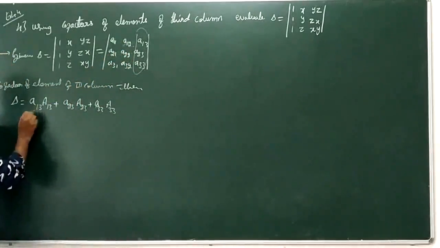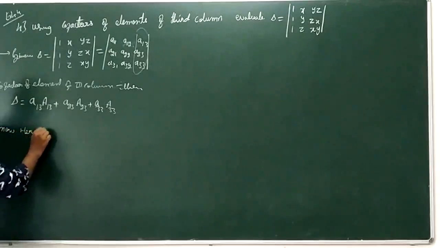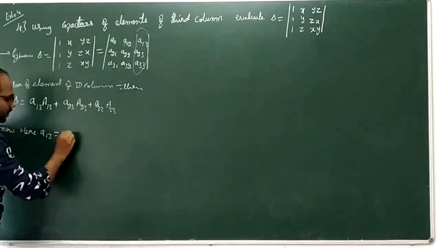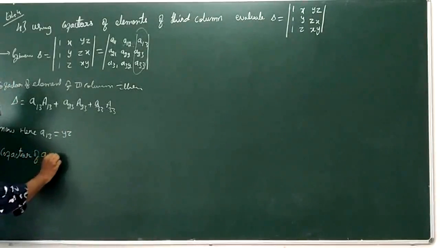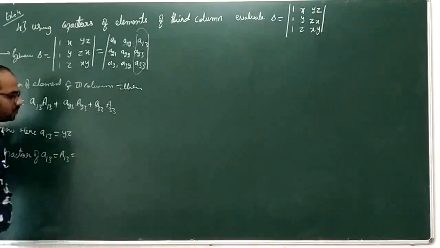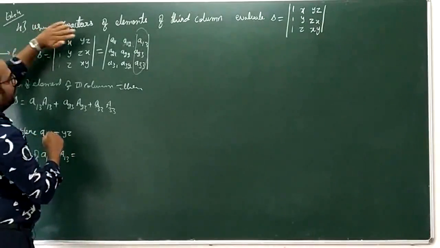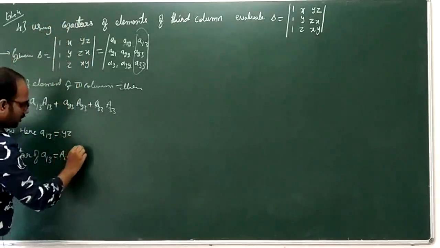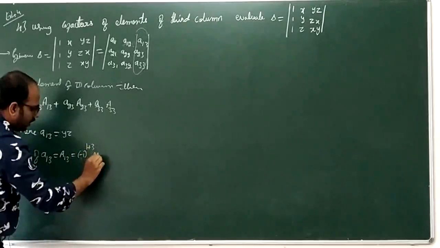First, what is the value of a13? Now here, the value of a13 is yz, and the cofactor of a13 is capital A13, that is, deleting the first row and third column we get 1y, 1z. The formula is minus 1 to the power of 1 plus 3 into minor of 13.